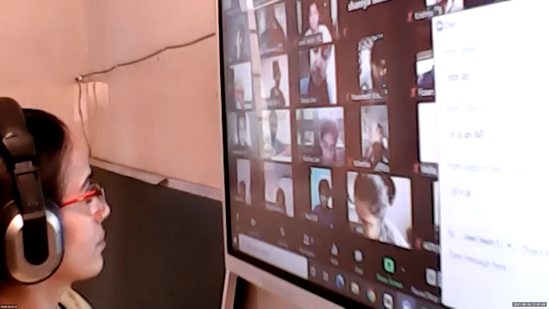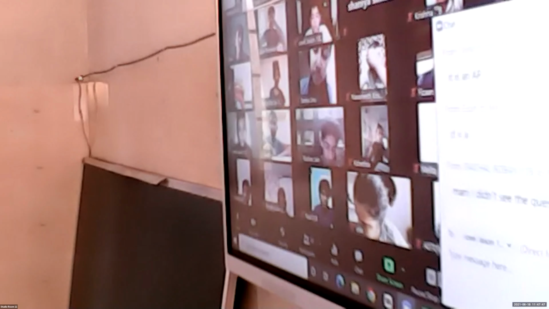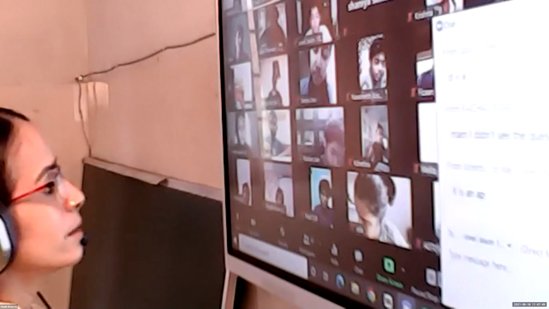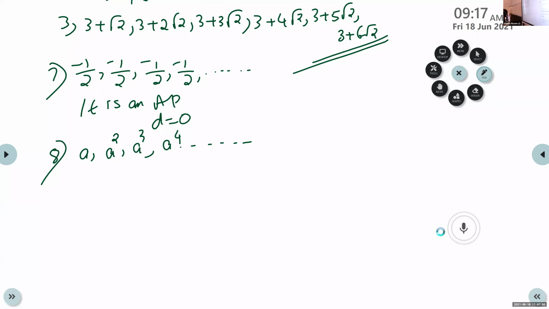Gauri, Shatra also saying it's an AP. The question is a square, a cube, a raised to 4. Others, all of you type.